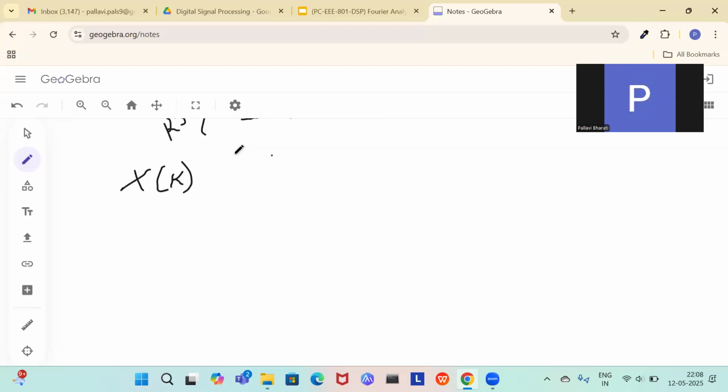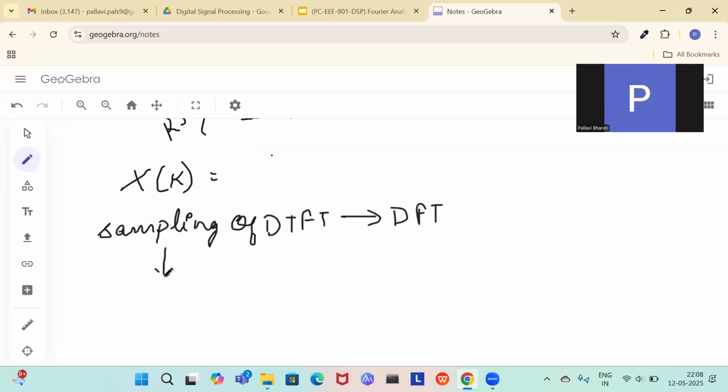You have to make the signal finite, meaning sampling of the DTFT gives me the DFT. This sampling has to obey the Nyquist criterion so that there is no aliasing, and that is the way we decide our capital N.